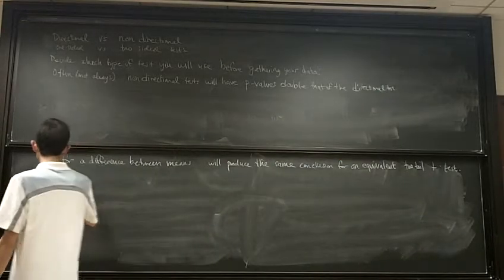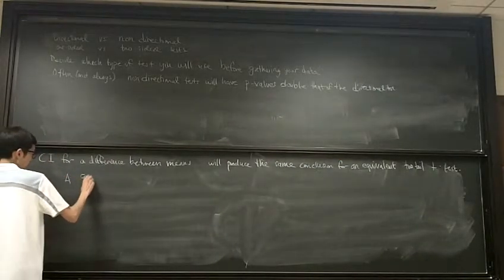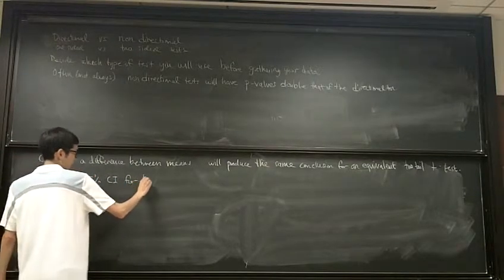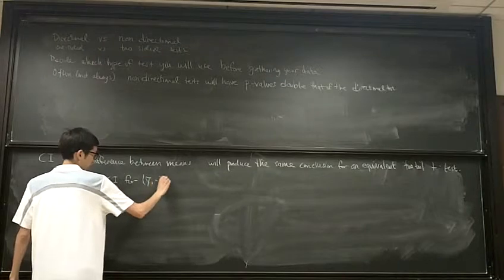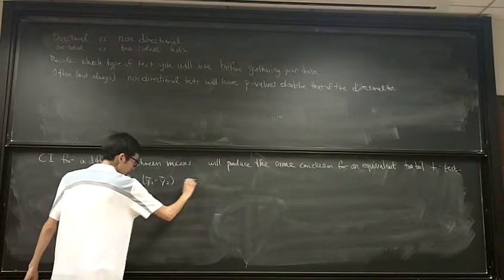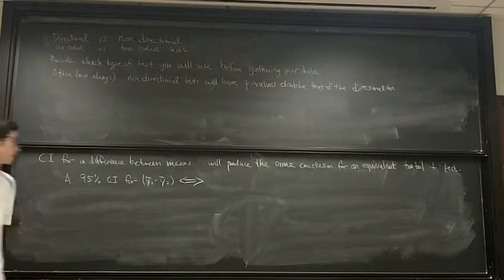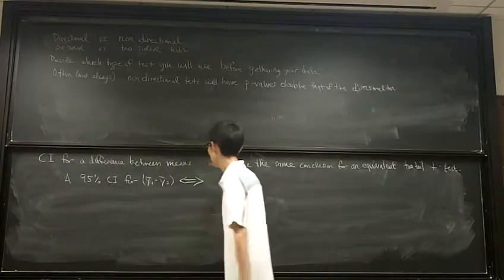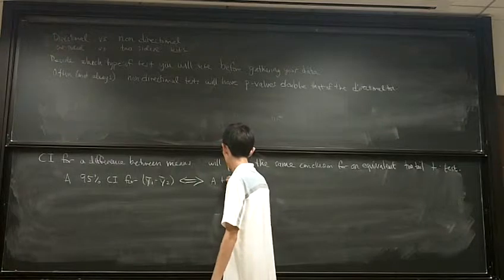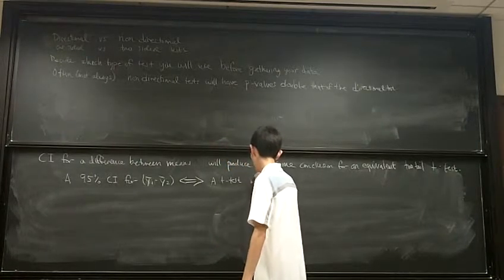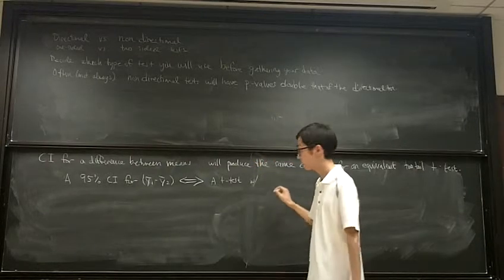So a 95% confidence interval is equal. You can swap the results of this with a t-test with significance level 5%.